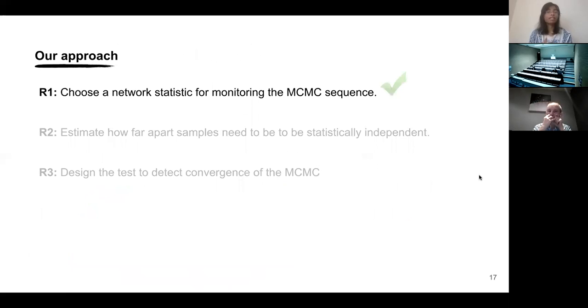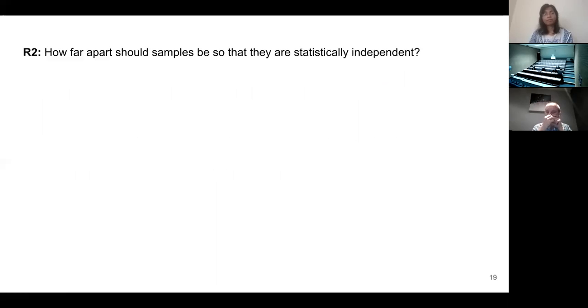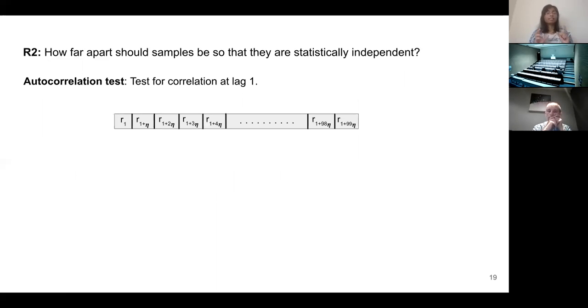Okay, so now that we have chosen the network statistic, the next question we have is, how do we estimate how far apart the samples need to be in this Markov chain so that they're statistically independent? So for that, we would do an autocorrelation test where we would test for correlation at lag 1. For illustration purposes, let us imagine that we have a list of degree assortativity values such that the consecutive degree assortativity values are eta swaps apart.